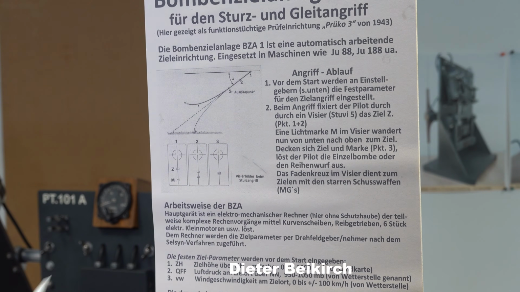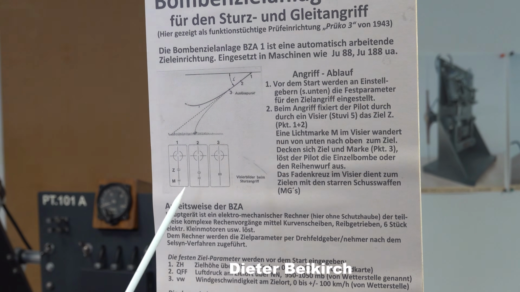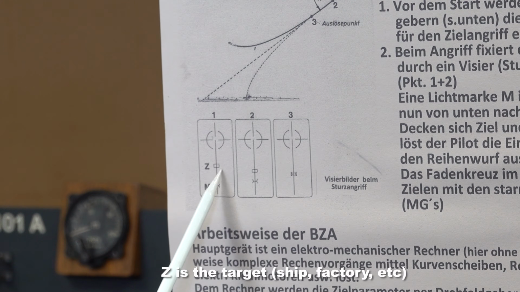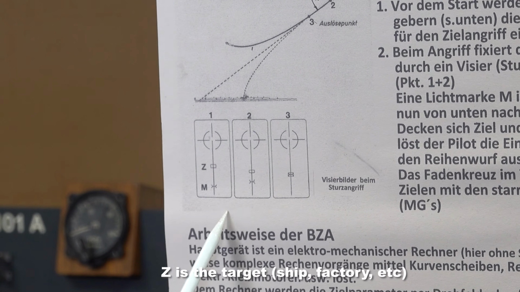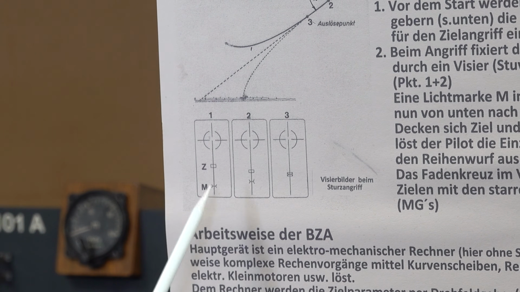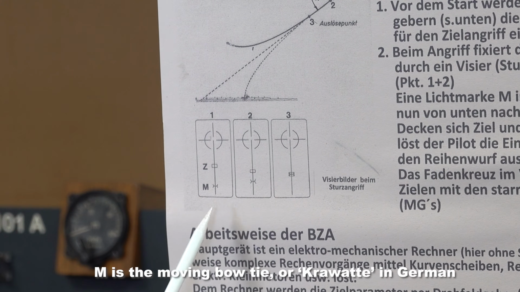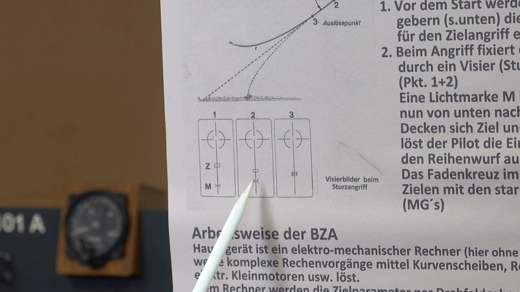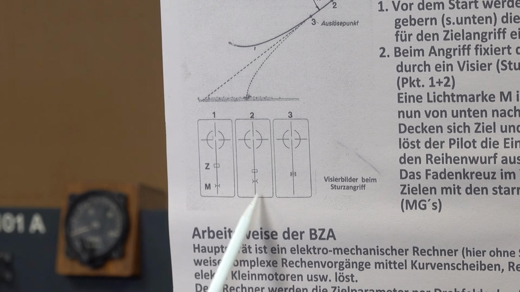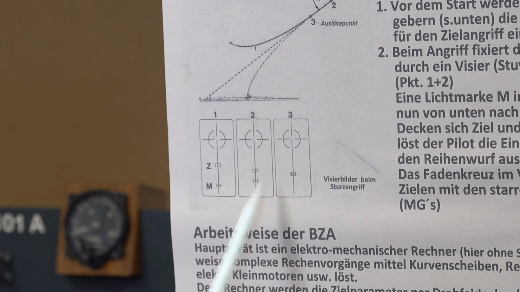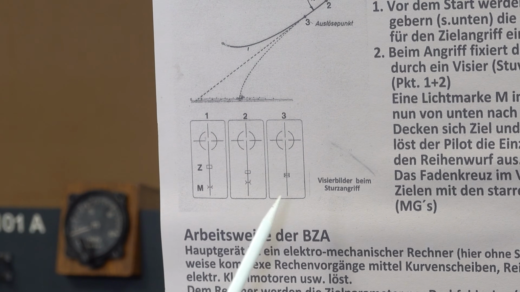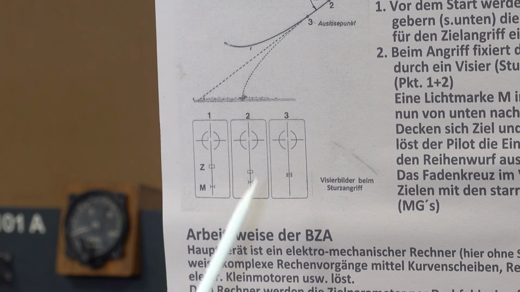What the bombing man sees: he sees the target, maybe the factory, and here is the mark. The mark is moving. He sees the target, and here is the mark, and when the target and the mark are together, then it is the correct position, and he has to press the bomb knob.